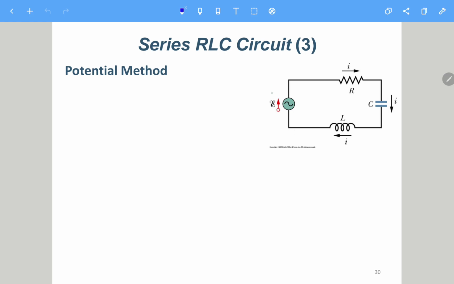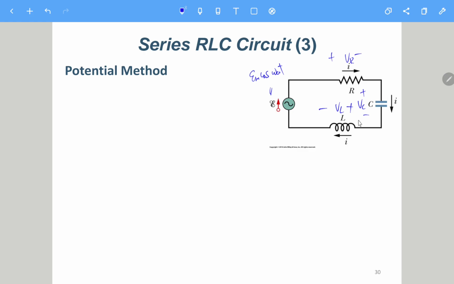So this is Em equals Em cosine of omega d t, and then this is R, and let's say this is VR, this is VC, this is VL. Pay attention to the polarity: this is plus minus, plus minus, plus minus.